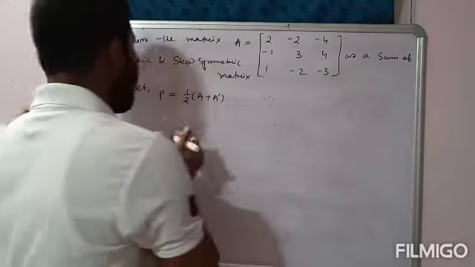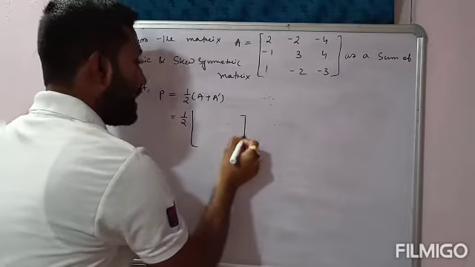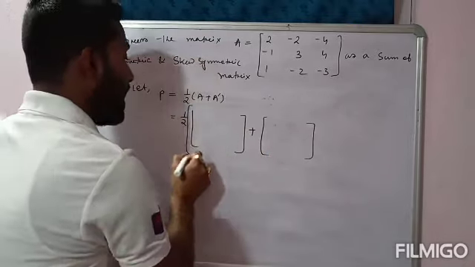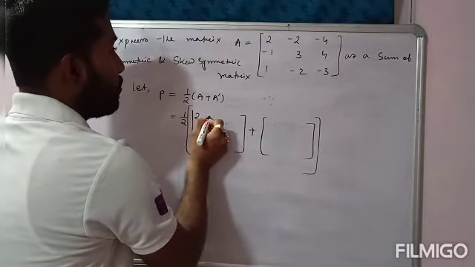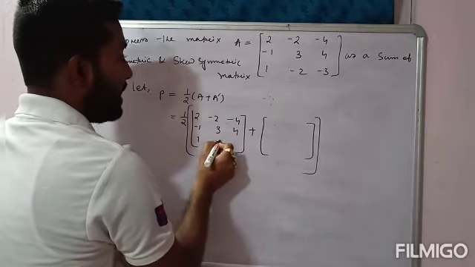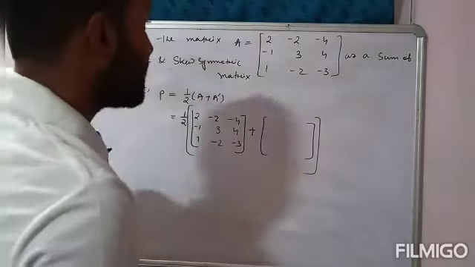So let us find the value of P first. That is half of A plus A transpose, which means 2 minus 2 minus 4, minus 1 3 4, 1 minus 2 minus 3, and we all know transpose of a matrix means interchanging rows and columns.